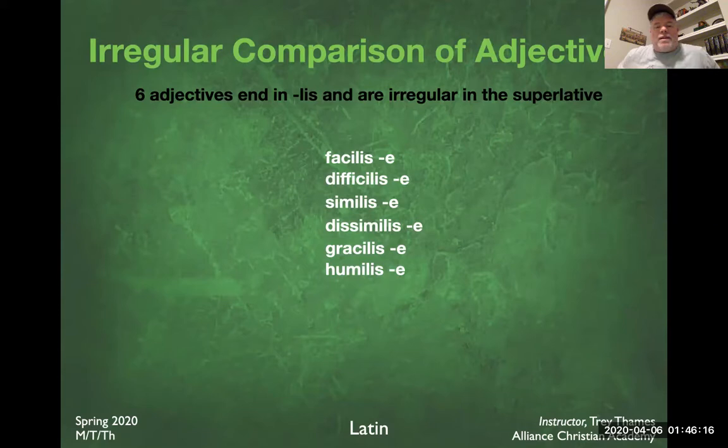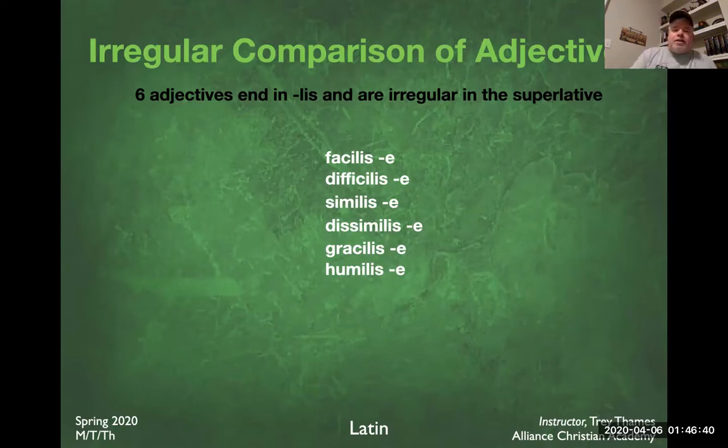Then you have similis, simile, which means similar, and dissimilis, dissimile, which means dissimilar. So those two are opposites of each other. And then you've got gracilis, gracile, which means slender and thin. And then you have humilis, which means low or humble.